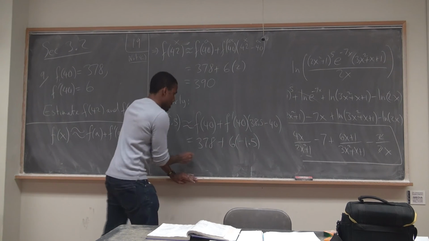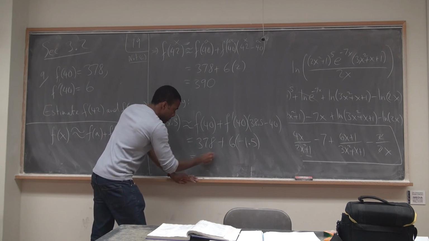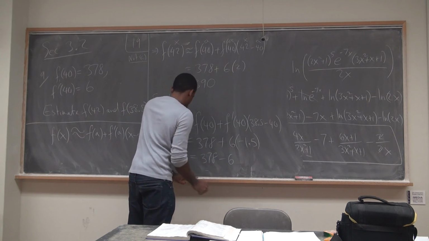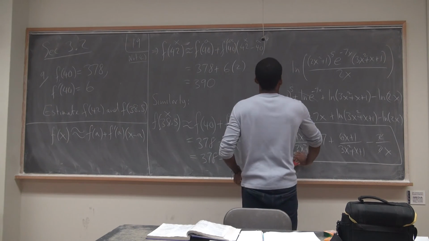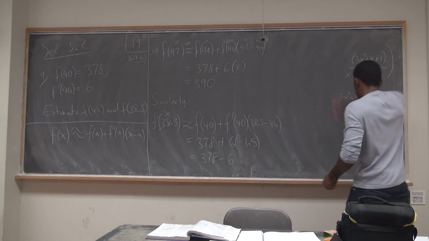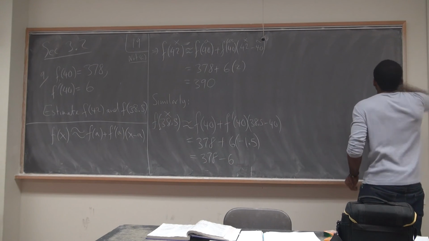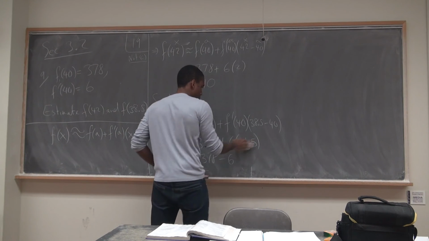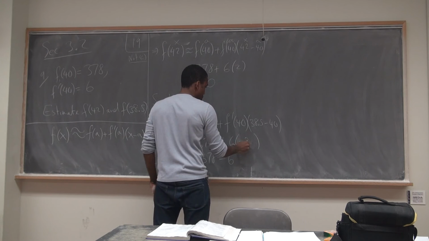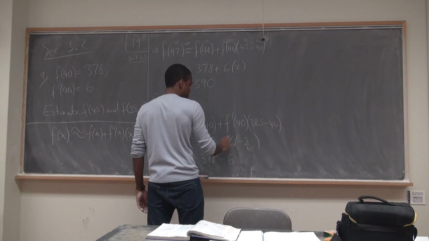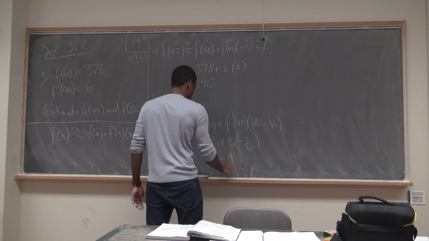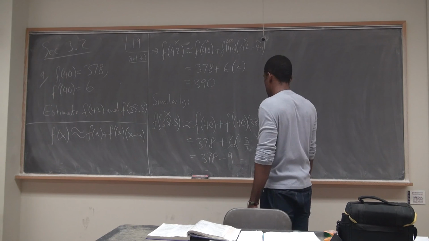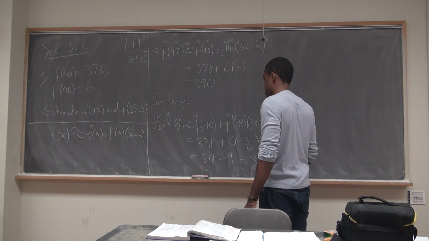Decimals: 6 times 1.5 is 9. And so this is equal to 378 minus 9, which is 369.